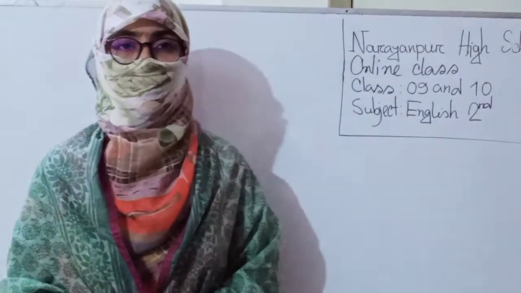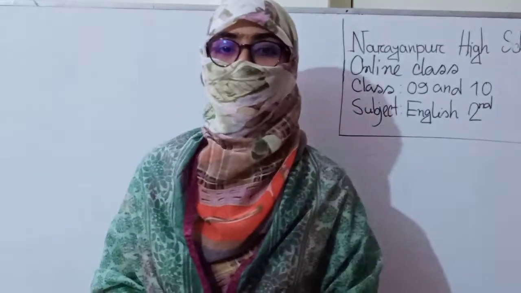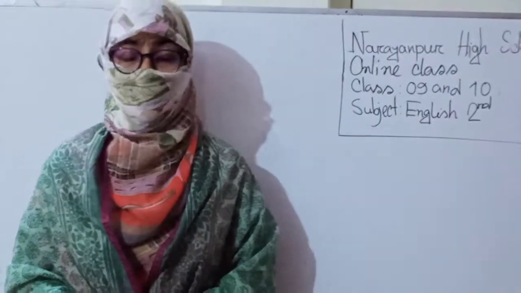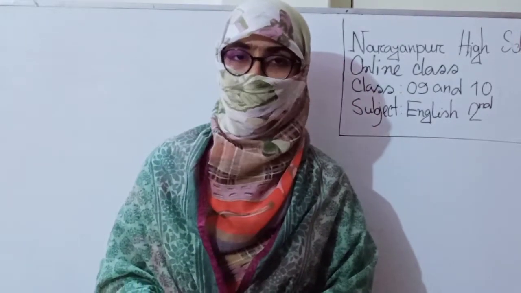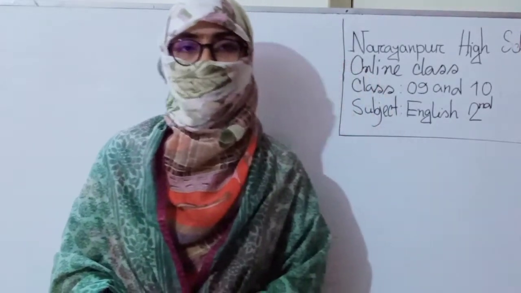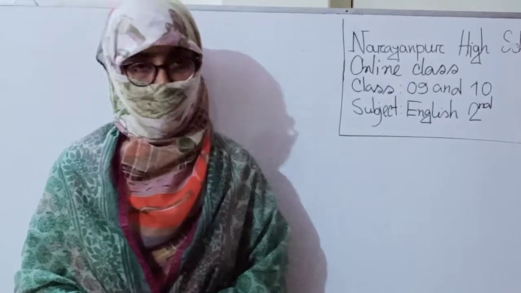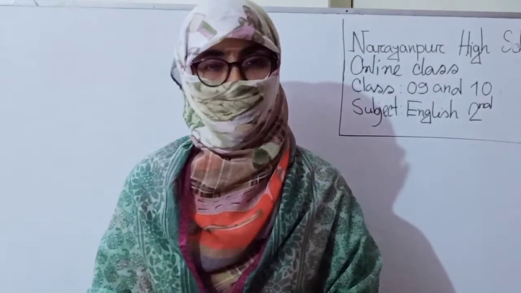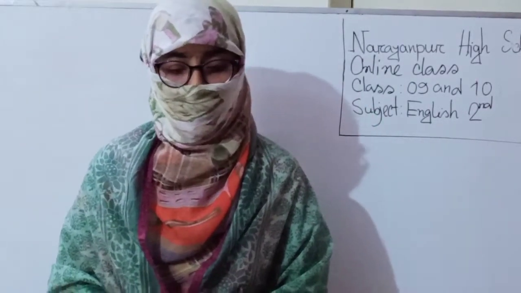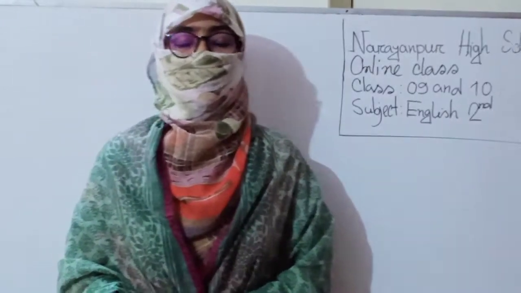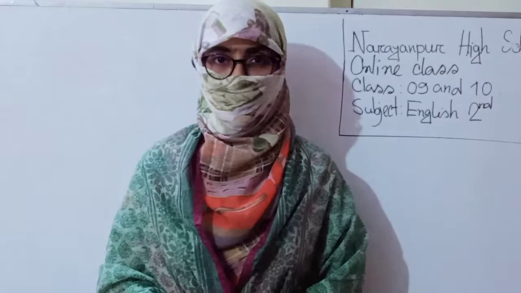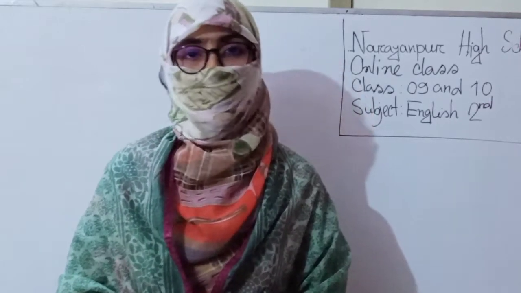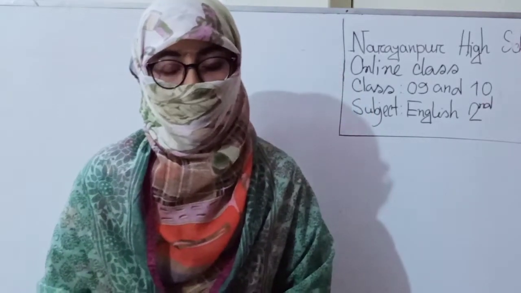Dear students, today I am here specially for the students of class 9 and 10. You have seen me before, haven't you? What I just asked you was a mini question.